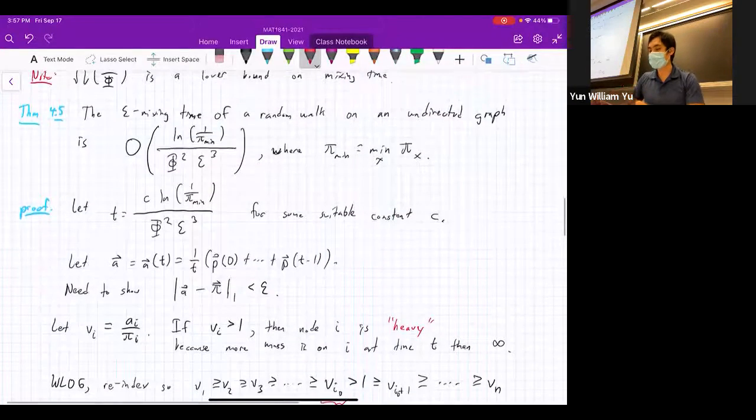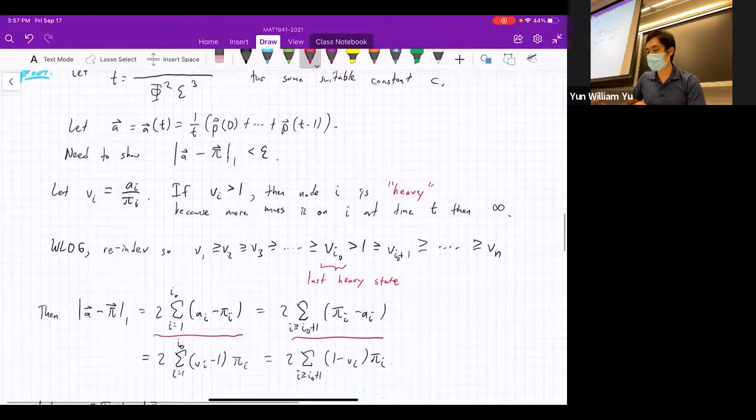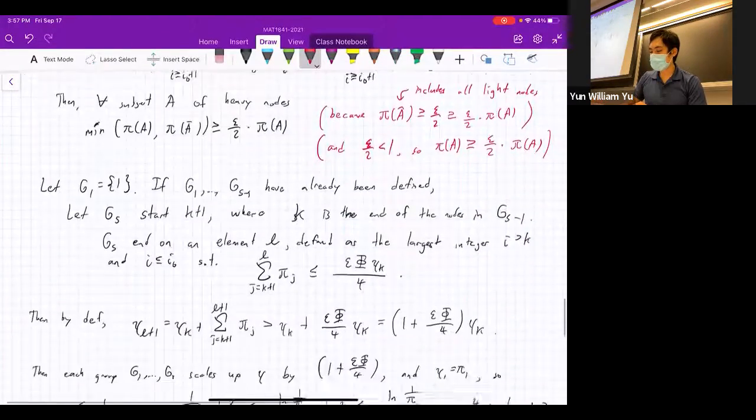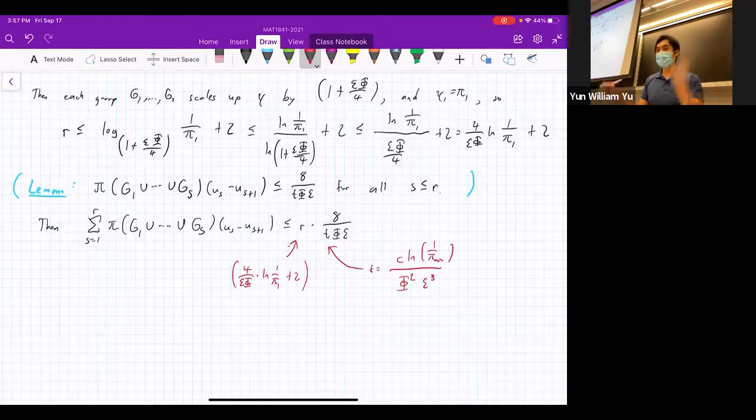We said t was c log of 1 over pi min over phi squared lambda epsilon cubed, and so on. Now you can throw this all together.